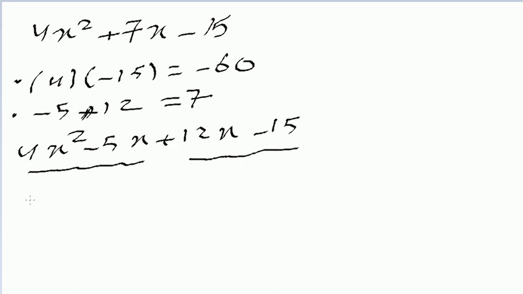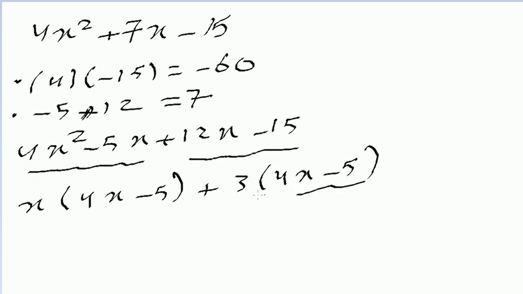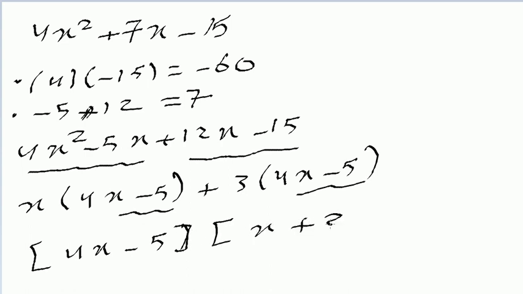Take a common factor, which is x, into 4x minus 5, and here take a common factor, which is 3, into 4x minus 5. Now take 4x minus 5 as a common factor. I will end up with 4x minus 5 multiplied by x plus 3. See you in the next video. Okay, bye.